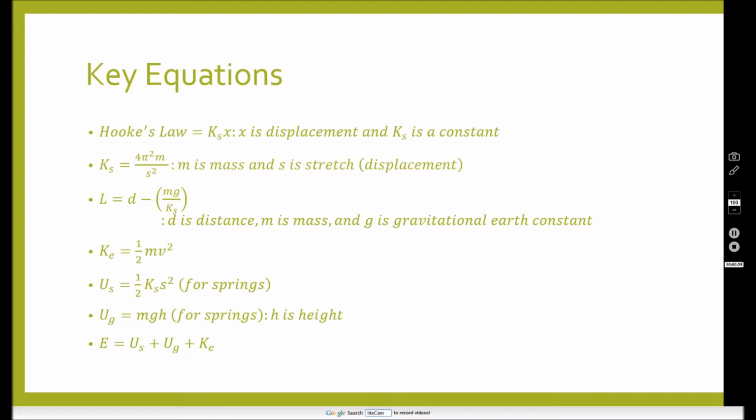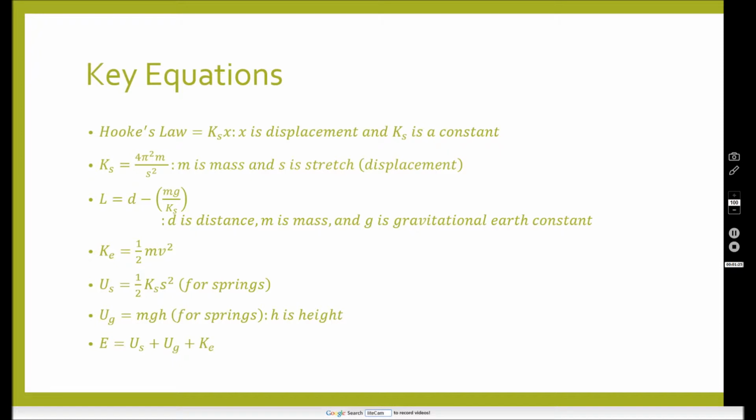And then we can figure out the L based on the d minus the mass times the gravitational constant, 9.8 on Earth, divided by the Ks, and d is our specified distance, the distance of the oscillating wave, or you could say the amplitude of the oscillation.